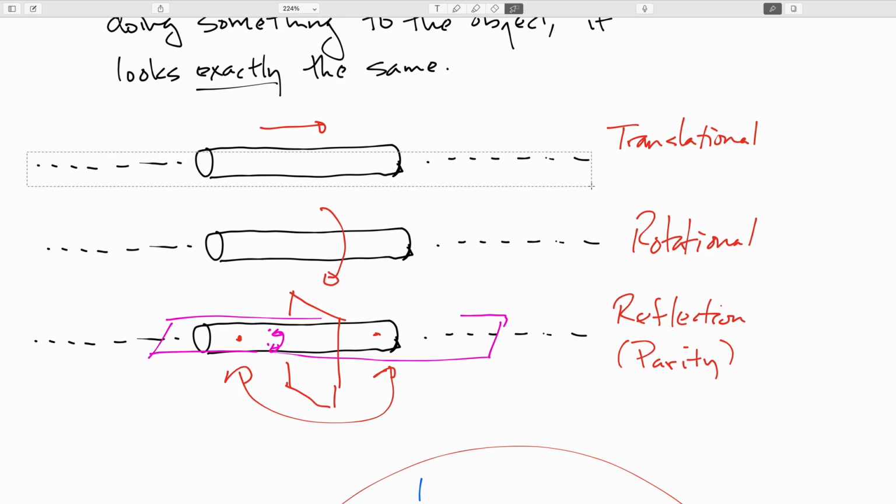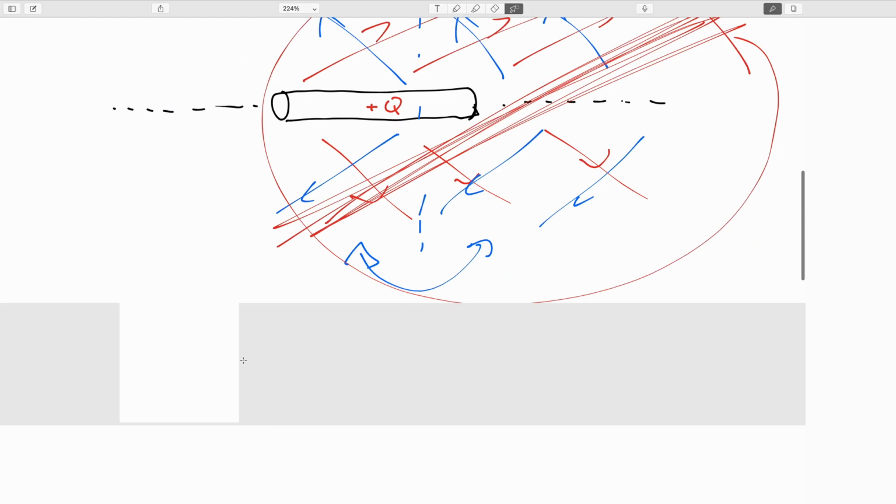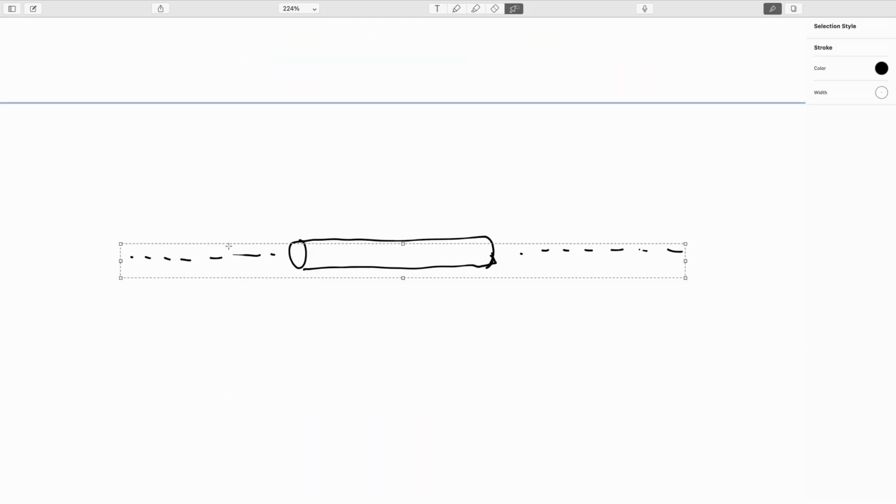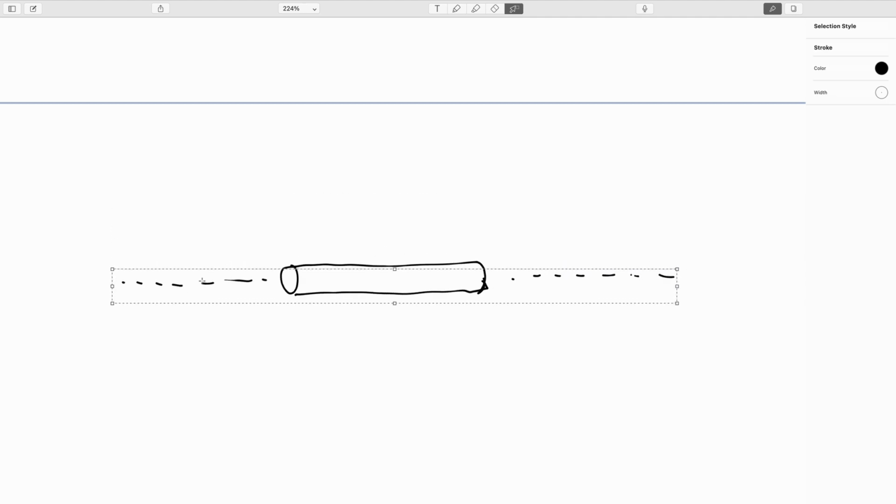So after a bit of thinking, we realized that the only way this could possibly work is if the field lines are coming straight off the object.